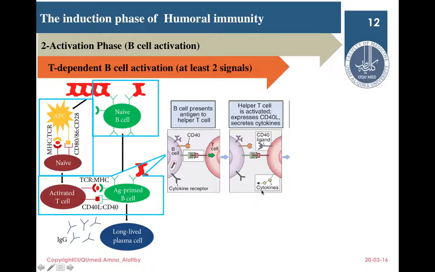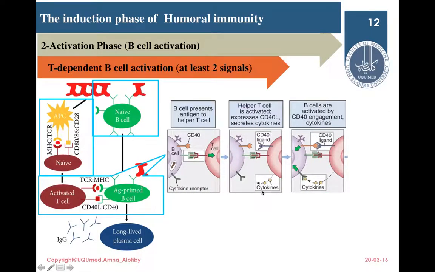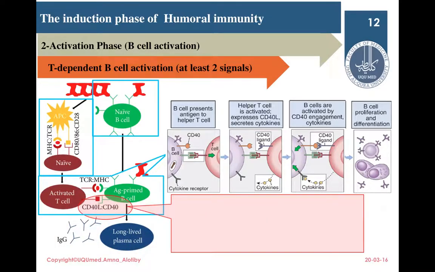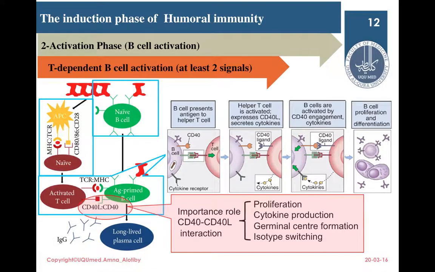Cytokines are also produced by the T cells to activate the B cells, and this engagement of CD40 ligand and the cytokines is going to cause proliferation of B cells and differentiation of B cells to plasma cells. So this CD40 ligand interaction is very important, and as a result there is proliferation of the B cells and cytokine production, germinal center formation, and finally isotype switching, that is, the antibodies switch from one isotype to another.